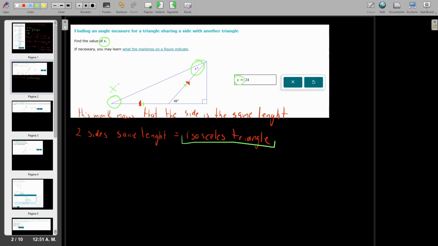In this case, it will also have the value of x. Now, to be solving this, they're giving us this value, 48 degrees.